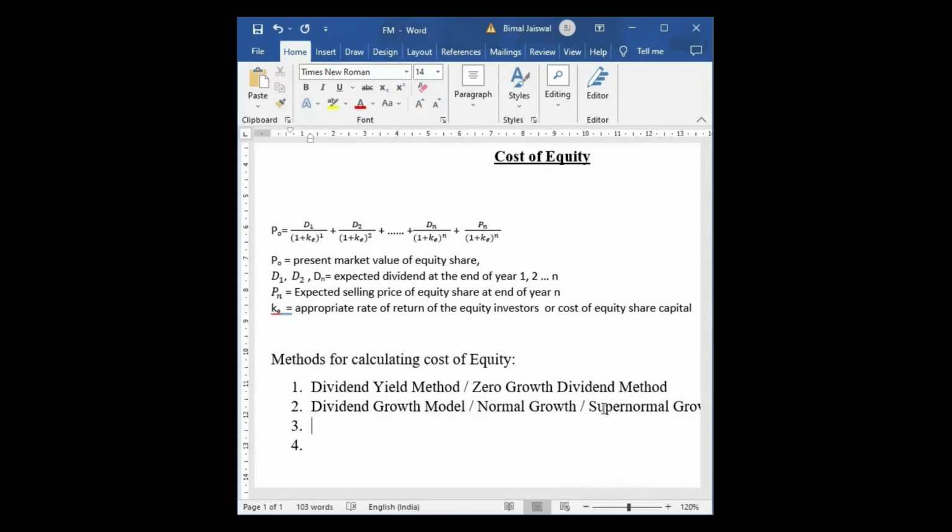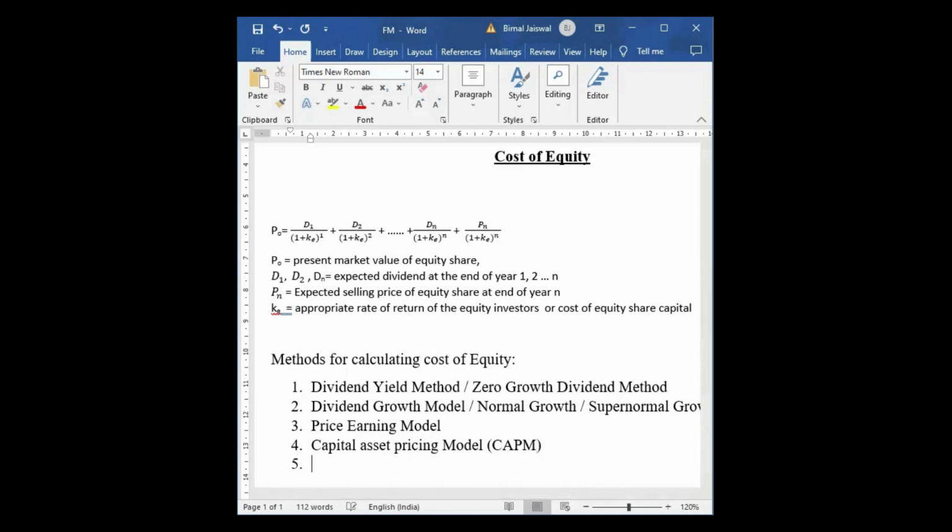Thirdly, we can say price. You must be knowing about the PE ratio. The same thing, the price earning model. And the fourth that we'll take up is the capital asset pricing model, also famously called the CAPM method or model.